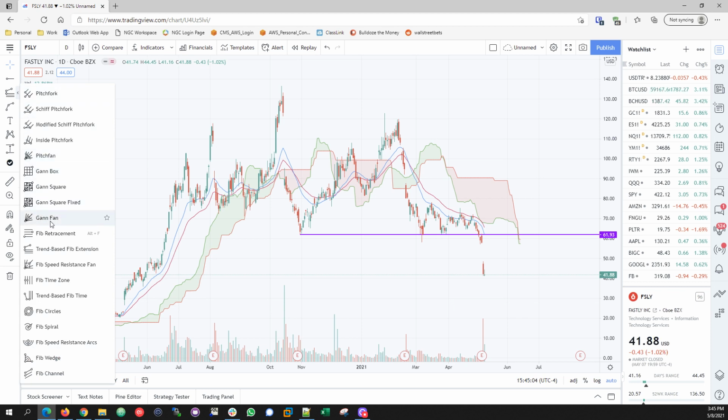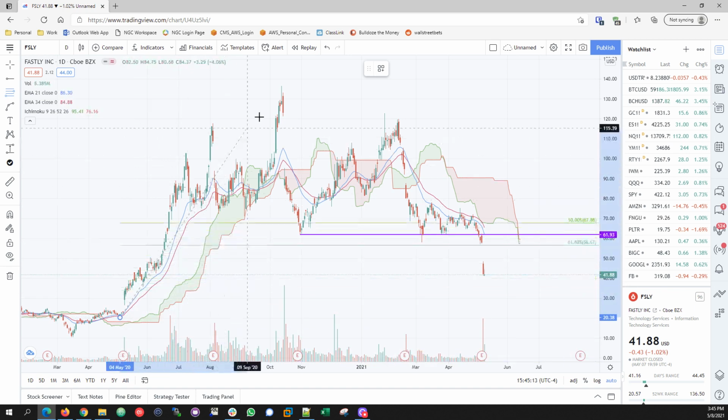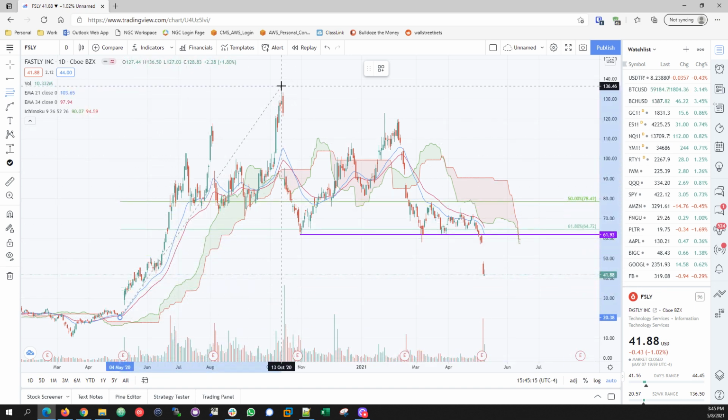And then we're going to do one thing, which is a retracement from the start of the run from the $20 range, and then all the way to the top. Okay.